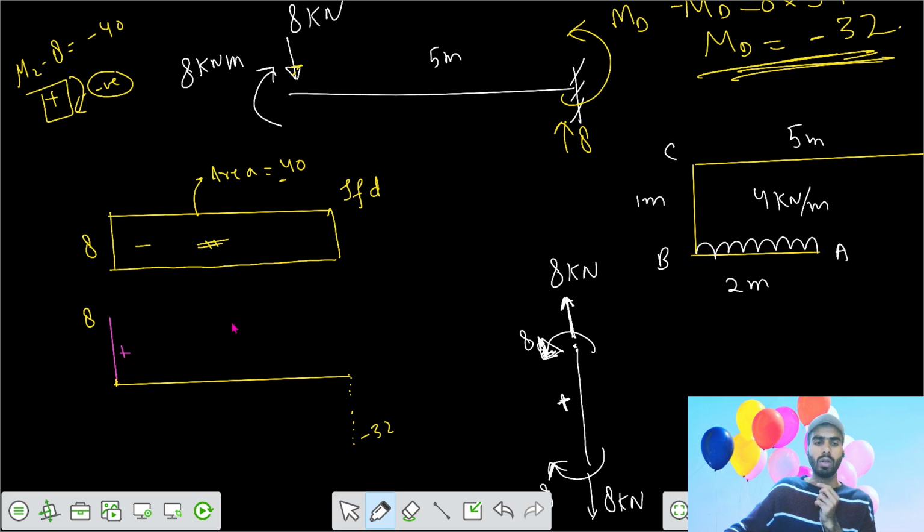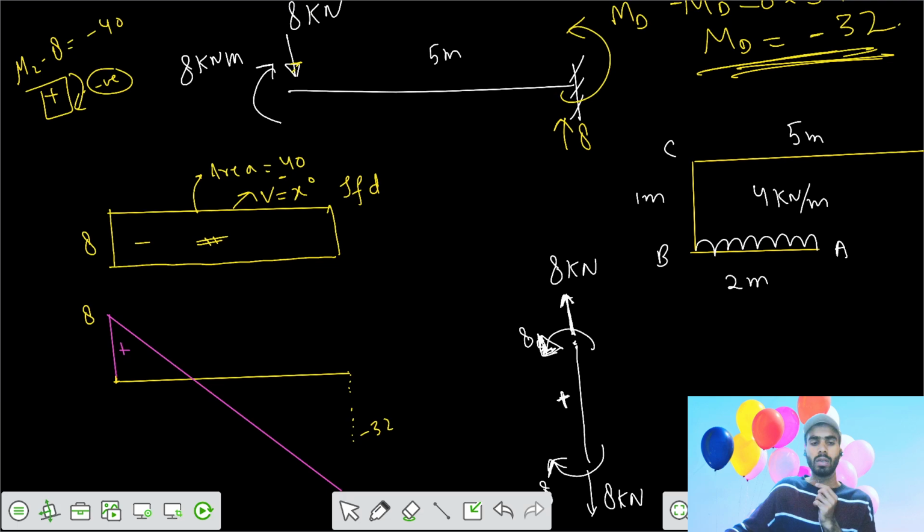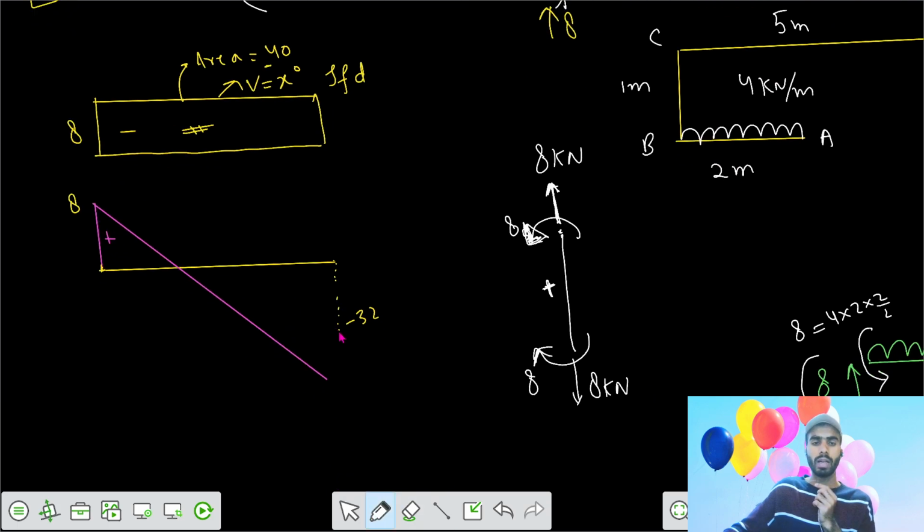So the variation: since your shear is a function of x to the power 0, the bending moment diagram would be a linear variation of x. So we can join the two values. So 32 would be somewhere downwards, because 8 is less, so we can have a line here. So the point of contraflexure, this is your point of contraflexure.